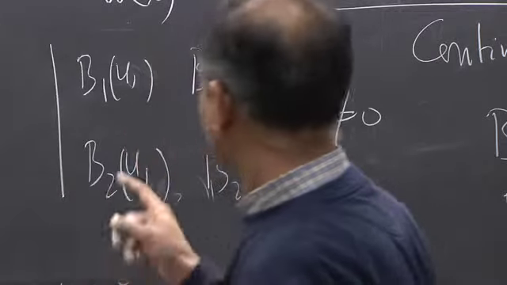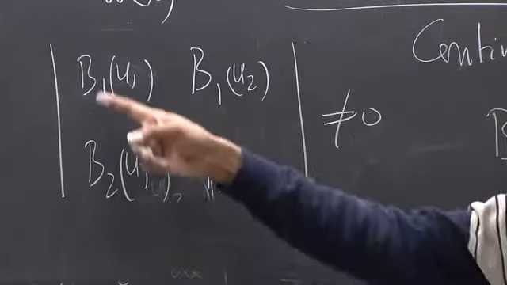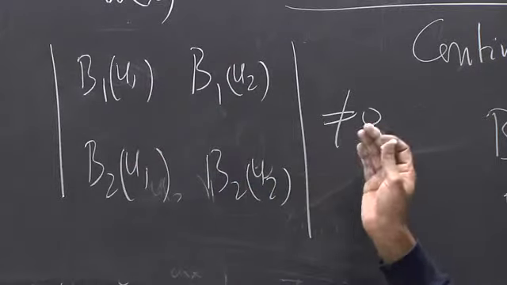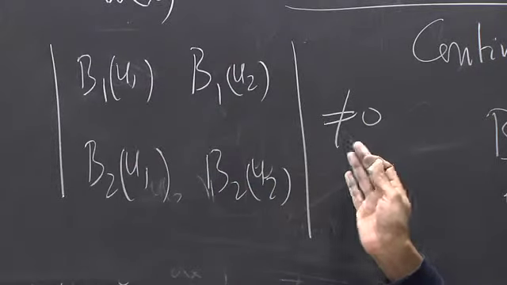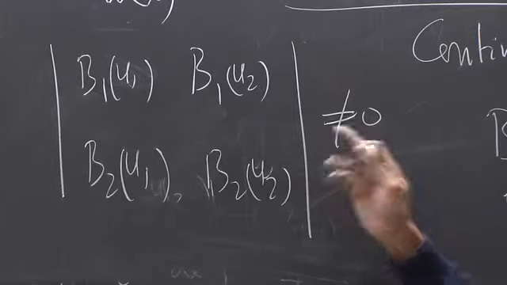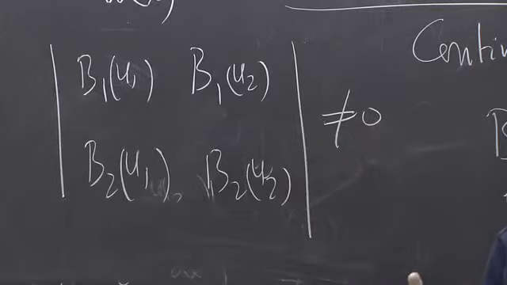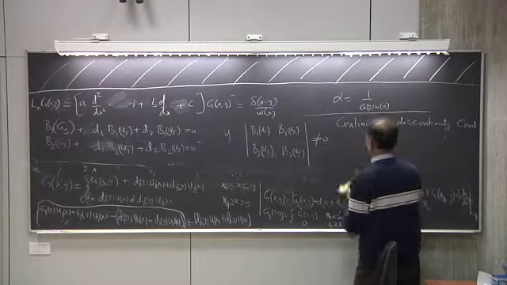On the other hand, you can ask what would have happened if the determinant was 0. If the determinant was 0, that exactly means that there is a 0 mode of the Lx operator. Let me explain that.